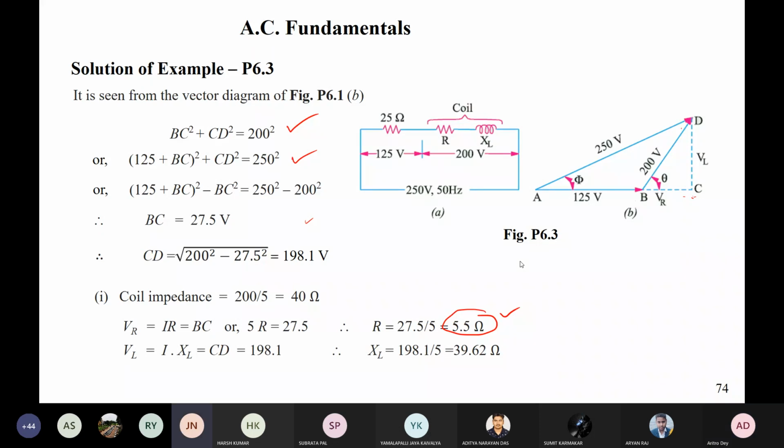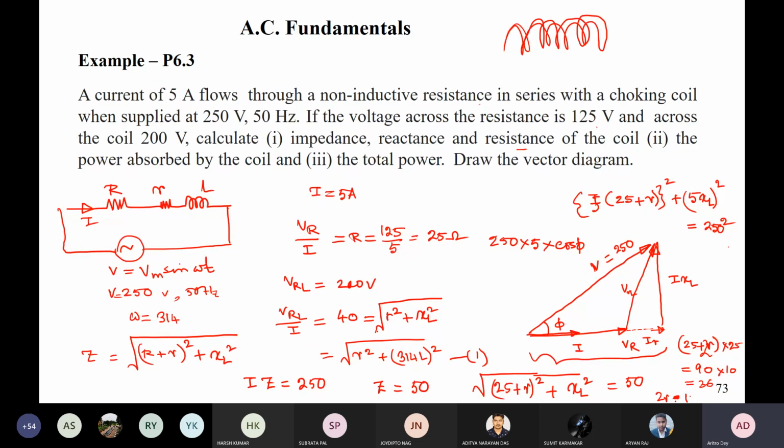Sir, the minus BC square part I could not understand. Can you explain that part? Actually, this is equation 1 and this is equation 2, so we did only 2 minus 1. Oh, okay, just like we did here now. I have not shown this, but this is equation 1 and this is equation 2.